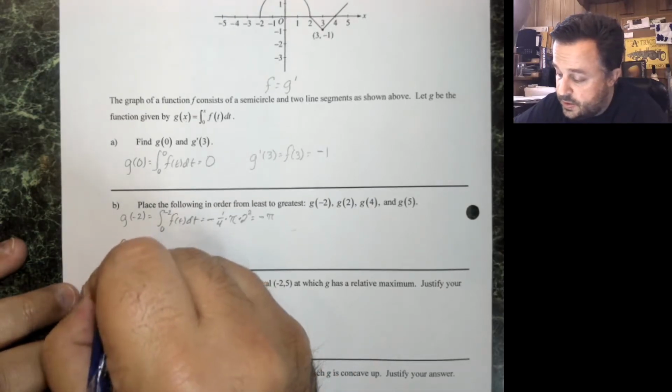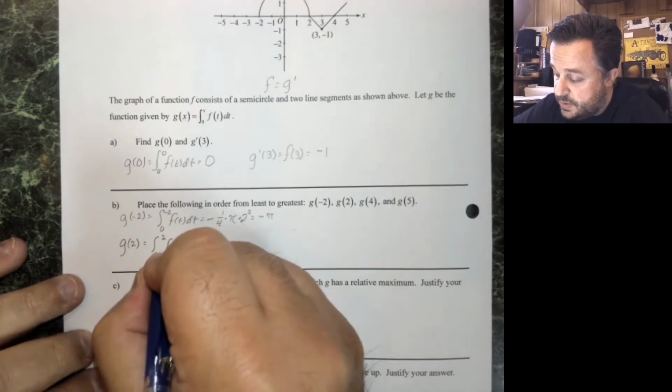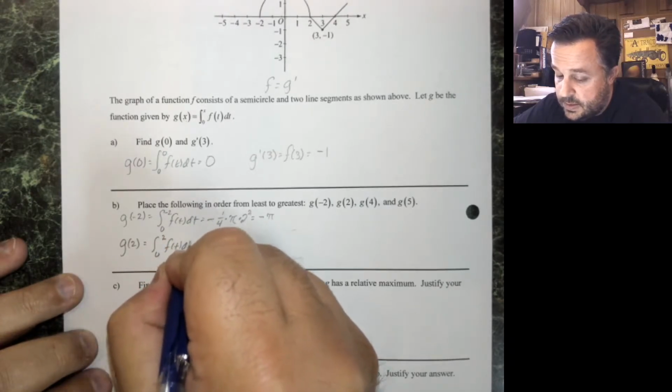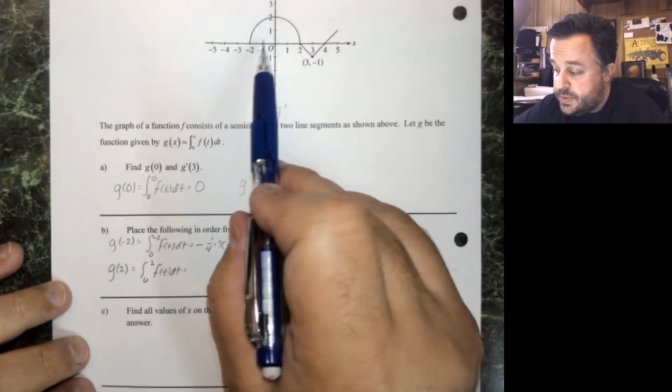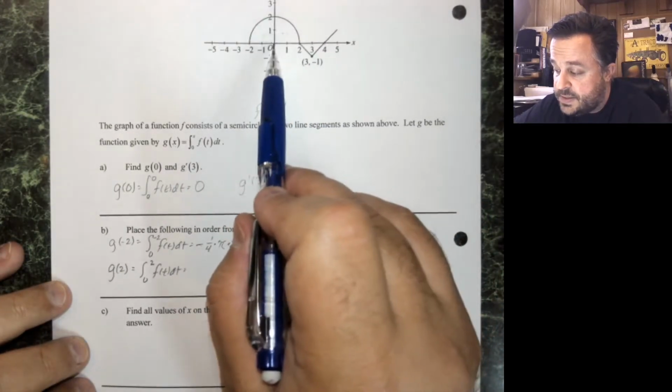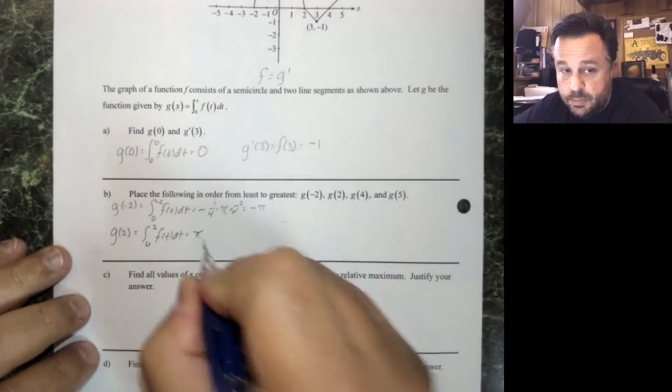How about g of 2? So now we're doing the integral from 0 to +2 of f of t dt. Well, the first thing you should notice is from 0 to 2 and 0 to -2, the area is going to be exactly the same, except here we're going to the right, so the area would just be +pi.